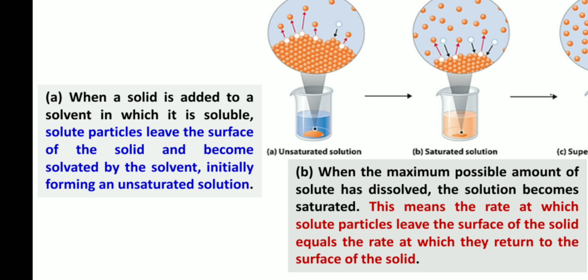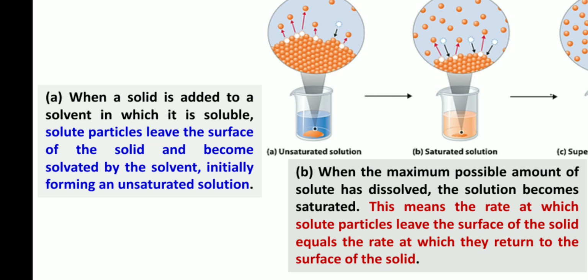When a solid solute is added to a solvent in which it is soluble, the solute particles leave the surface of the solid and become solvated by the solvent, initially forming an unsaturated solution.